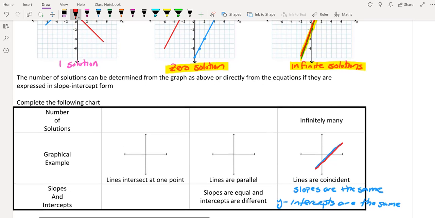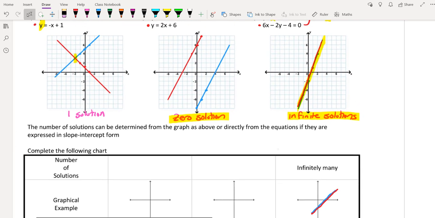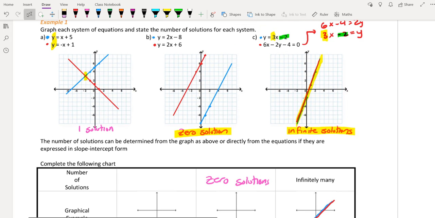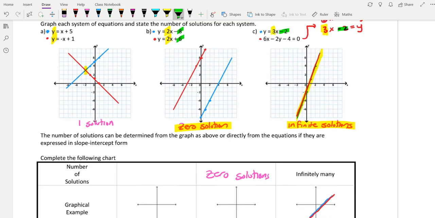Right? In the second situation, let's compare what happened. There were 0 solutions. Comparing the slopes, they shared the same slope. Comparing the y-intercepts, they had different y-intercepts.